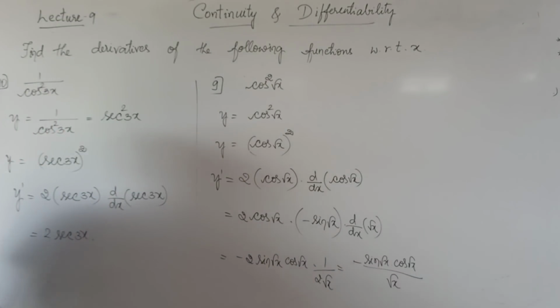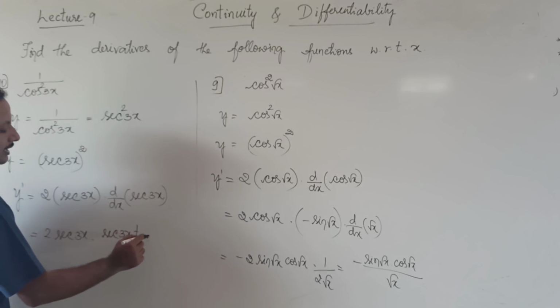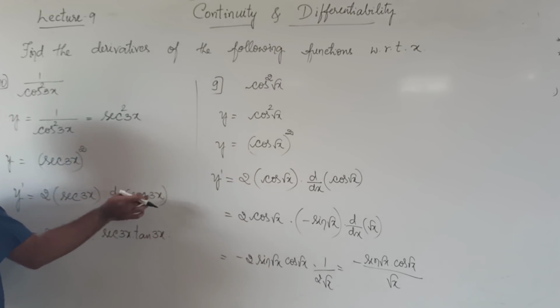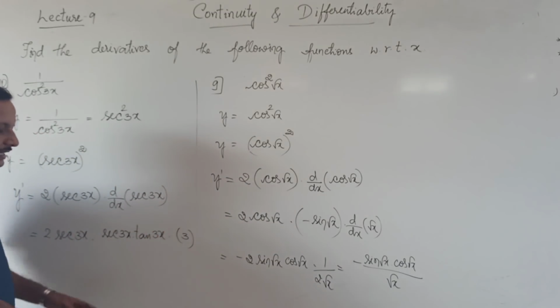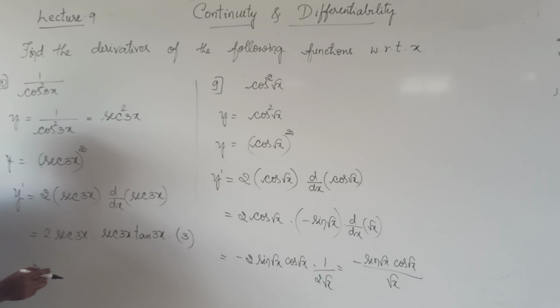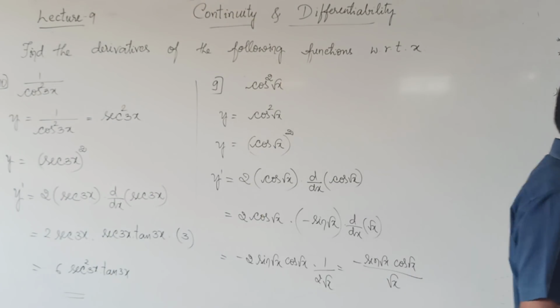So derivative of secant 3x would be secant 3x into tan 3x into the derivative of 3x. Derivative of 3x is 3. Directly I'll write that. I hope you can understand. This is equal to 6, 2 into 3 is 6, secant 3x into secant 3x, I'll write that as secant square 3x into tan 3x. This is the answer. 6 into secant square 3x tan 3x.